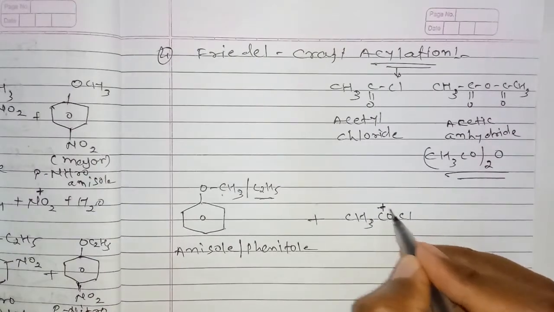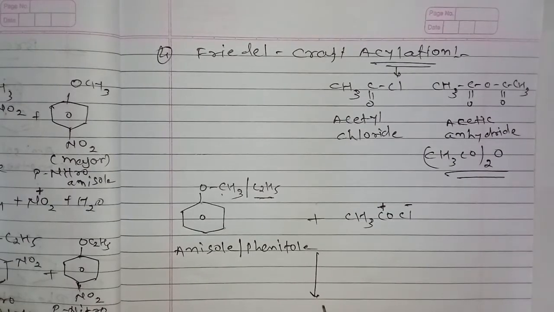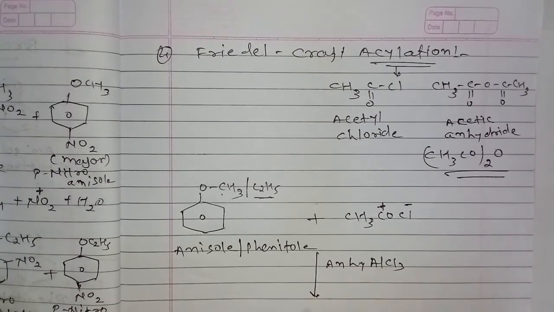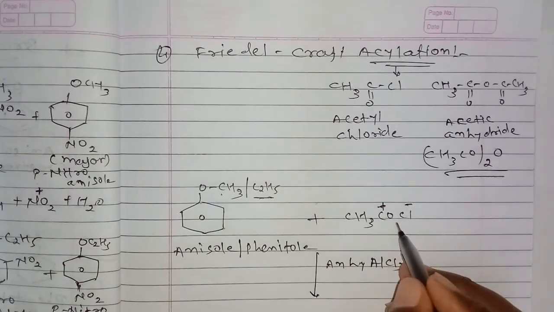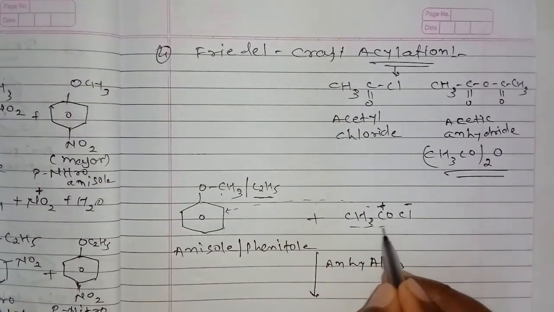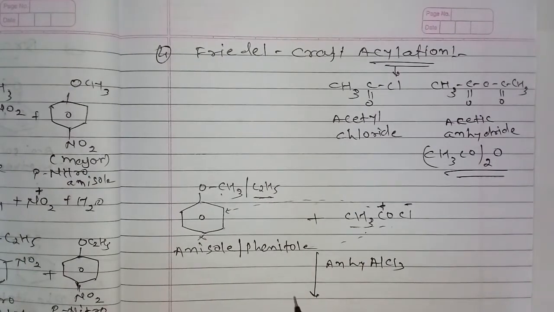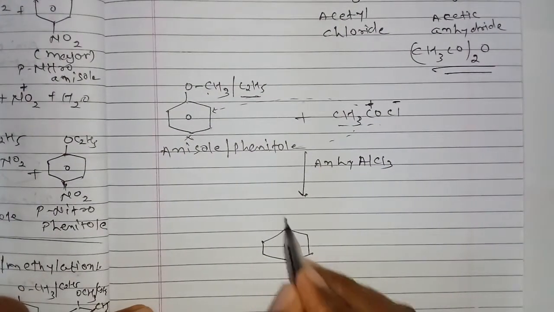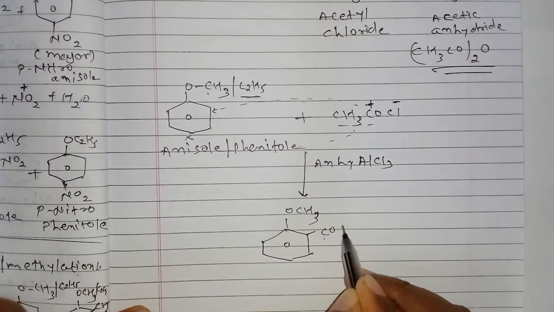This will be positively charged and this will be negative charge, which reacts with anhydrous AlCl3. This will attack on ortho and para position. It forms COCH3.